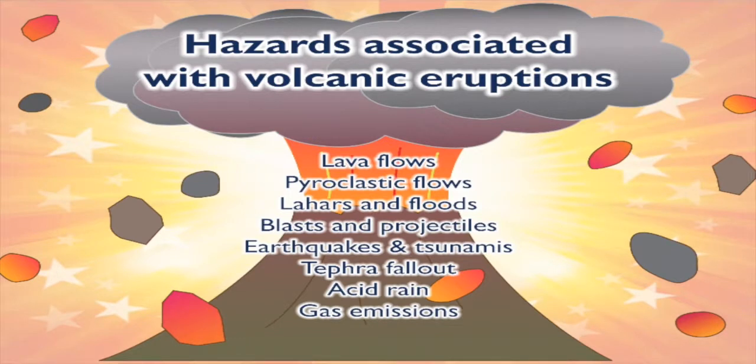Now, the other thing that happens with these explosive style volcanoes are these blasts and projectiles. The explosion itself can actually create a sonic wave, a sound wave that causes damage. It's like you're standing there and the air hits you so hard that it actually injures you. The blast from, for example, Mount St. Helens, the eruption in the United States a couple of decades ago, actually knocked down trees for 6 miles.